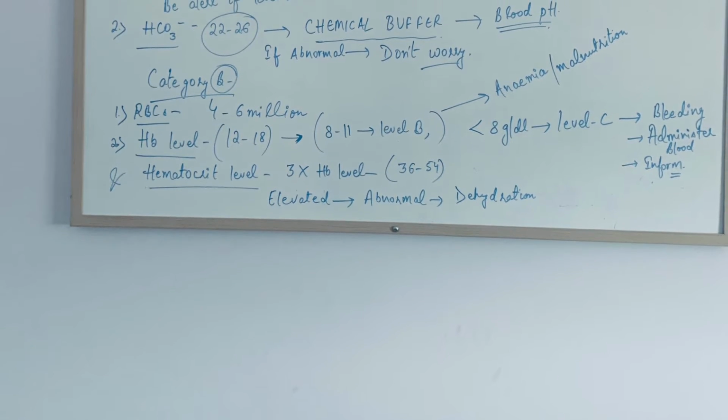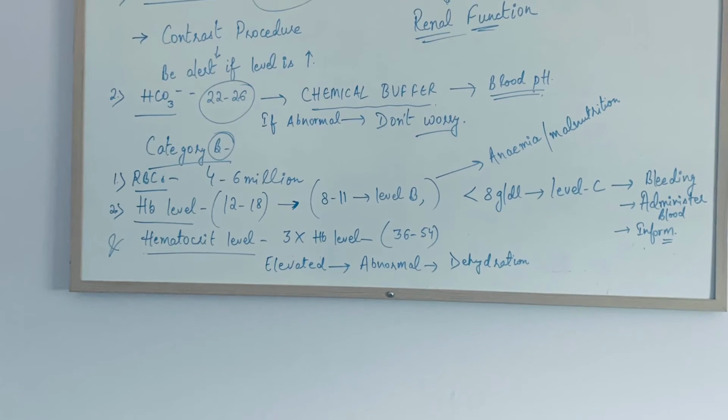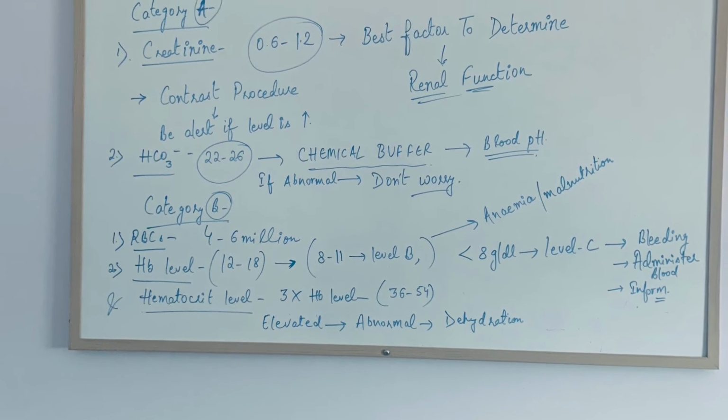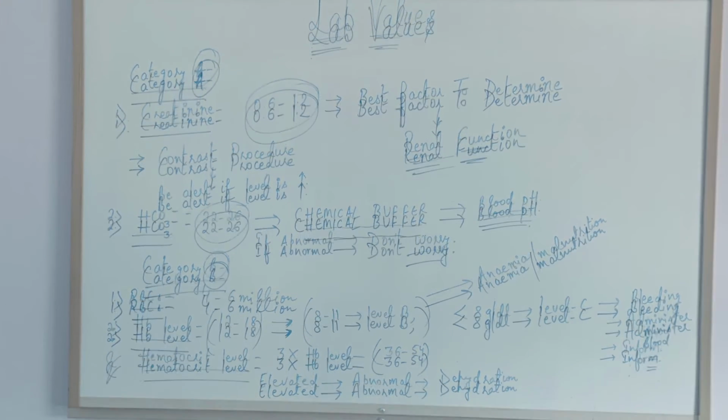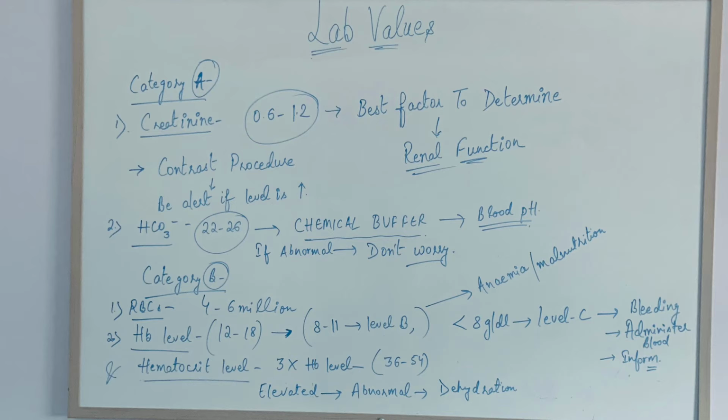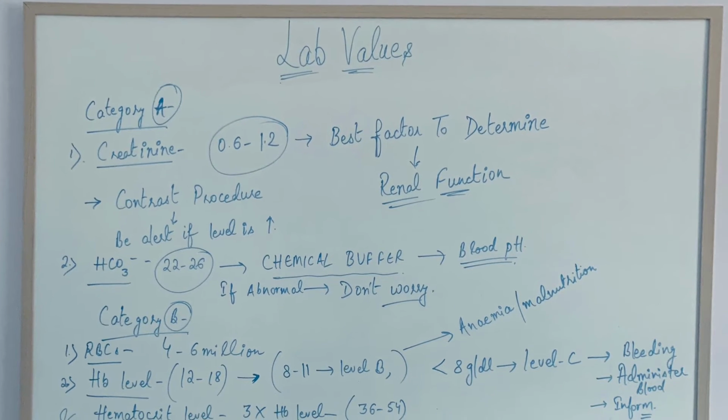The normal level of HB is different for males and females. Okay, in males the level is high and in females it's a little bit lower. So the average level is 12 to 18 grams.